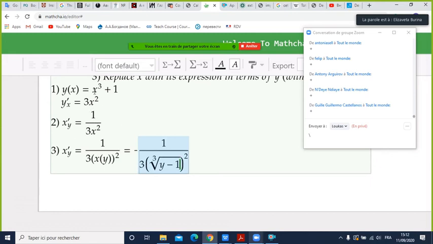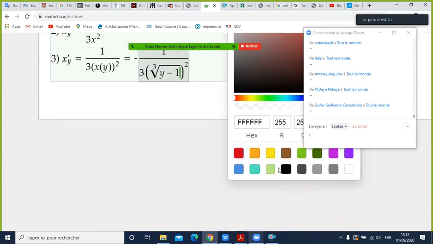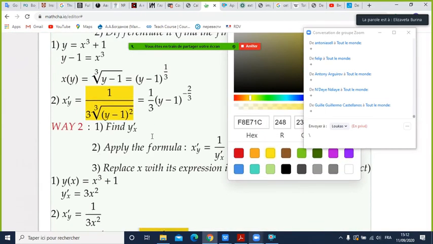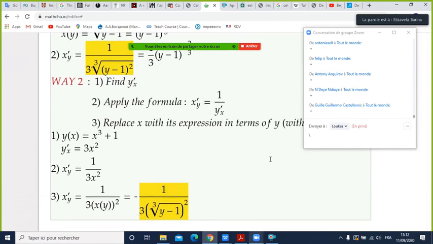Well, we took the inverse function rule and then we just substituted x with its inverse that we already had, because we got it. And this is the magic. So both ways work. You get exactly the same value for the derivative.